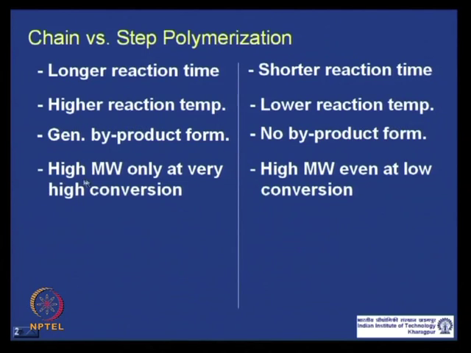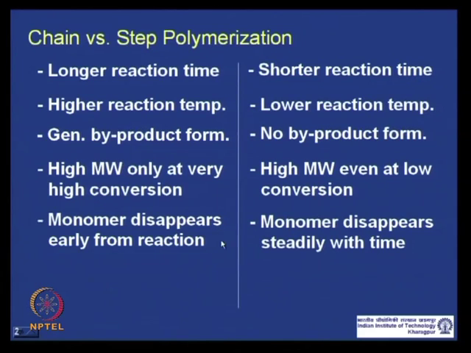And as I said repeatedly, in case of step polymers you get high molecular weight only at high conversion, whereas in case of chain polymers you can get high molecular weight even at low conversion. With time or with conversion, only the amount of high molecular weight chain increases.